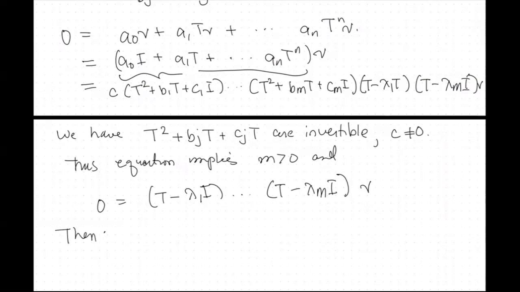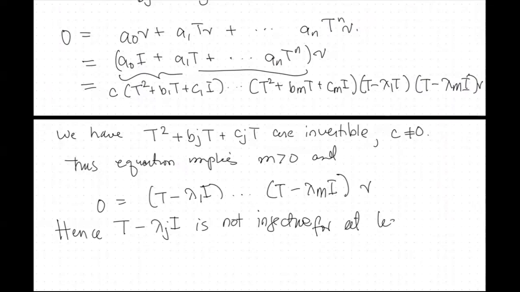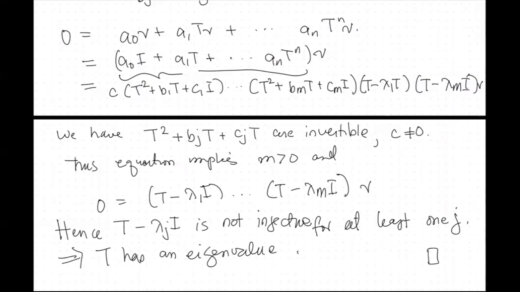Hence, then, your t minus lambda j I is not injective for at least 1 j. This means t has an eigenvalue, which is what we need to show.